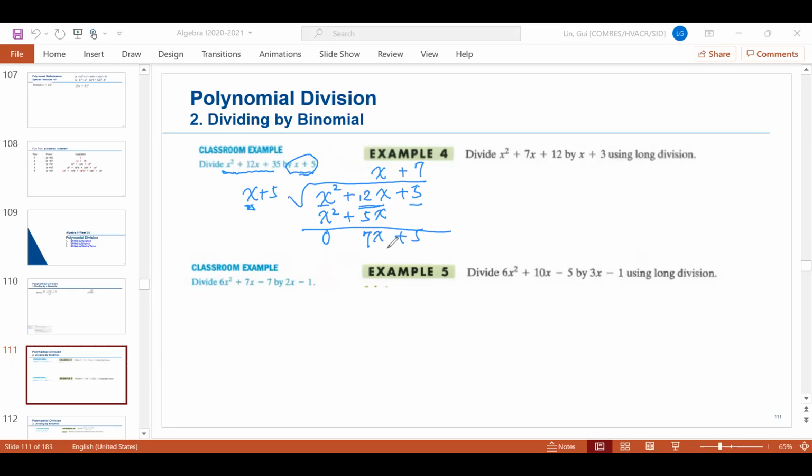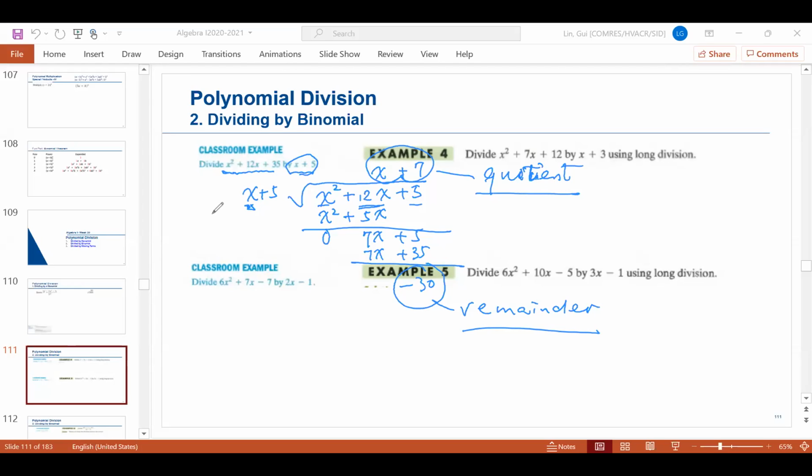So you got 7, so you got 7x plus 35, so you got a negative 30. Here it became the remainder, and here it became the quotient. Here is the remainder.